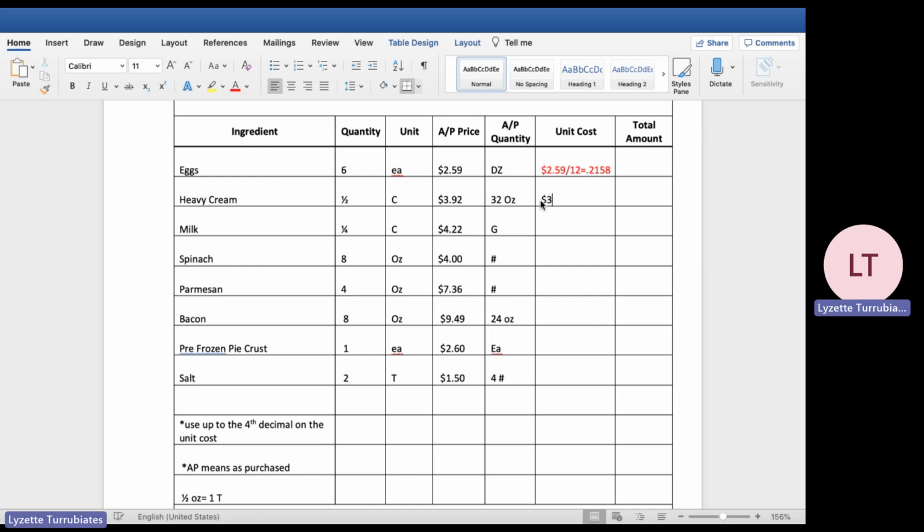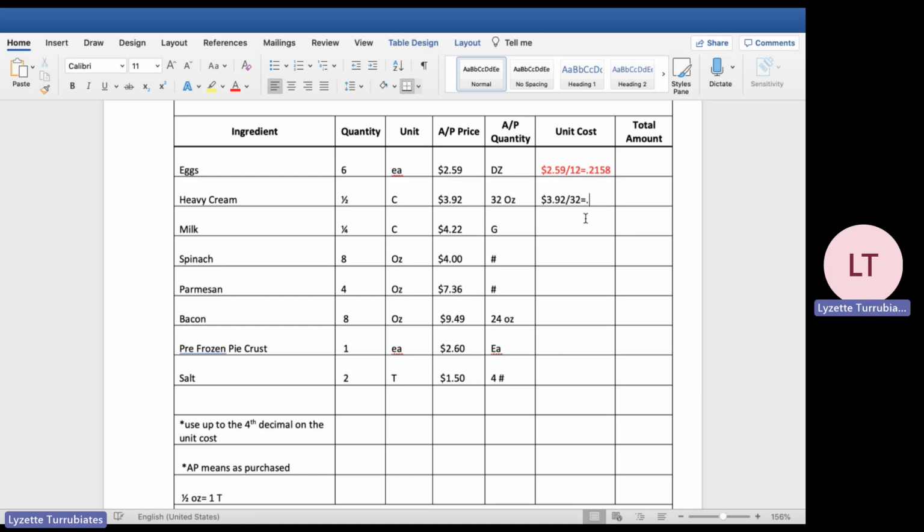Oops, 3 divided by 32 ounces, and this is going to give me how much each ounce is going to be. And so here it's not ounces, right? But once I know how many ounces are in a cup, how many ounces are in half a cup, how many ounces in a quarter cup, well, then I can figure out what my total amount is going to be. But right now we're just focusing on how we're going to break down these units to their individual unit, right, or quantity.